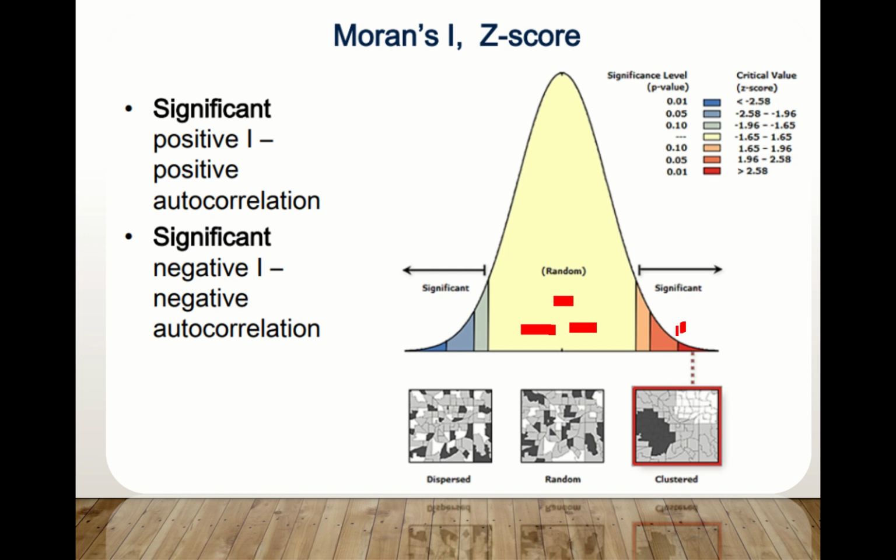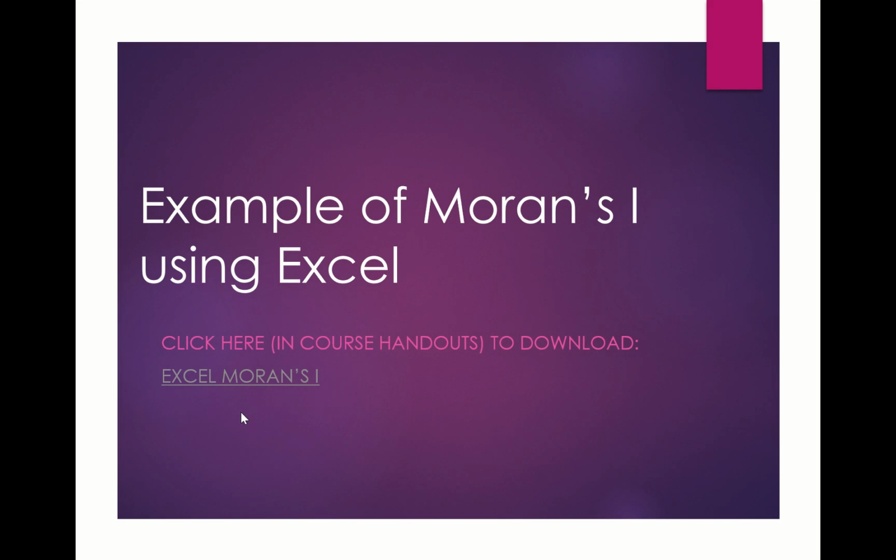It's only when we get very significant values of Moran's I, if they're very high positive values, that we're going to reject the null hypothesis and consider that we're dealing with a highly clustered data set. The opposite, if we get a negative Moran's I, which is very extreme on the left tail, we're going to reject the null hypothesis and consider that our data set is more uniform or dispersed than we would expect randomly.